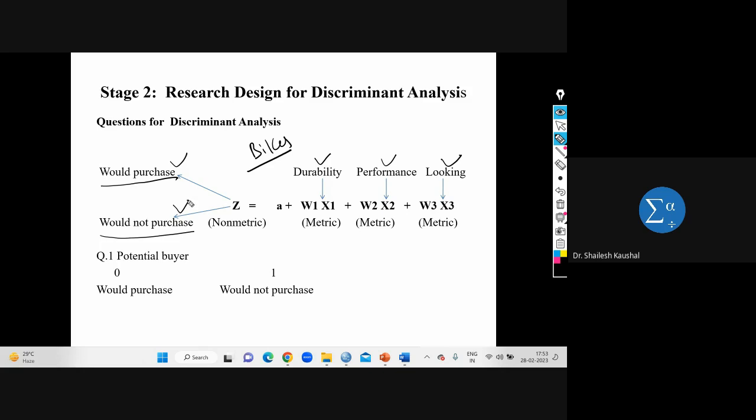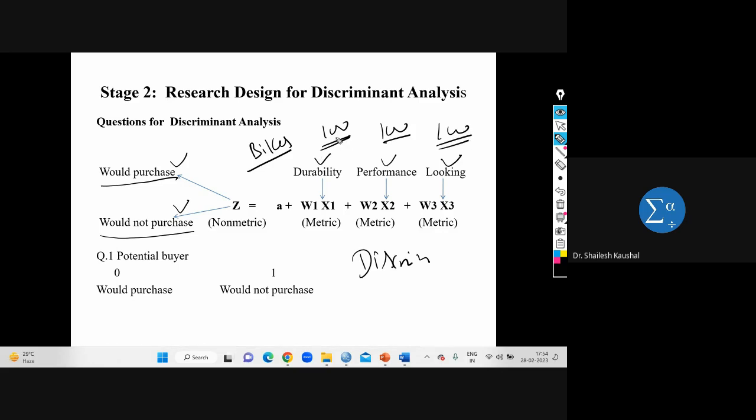So we can classify our buyers into two mutually exclusive categories, and we can predict whether the particular person will buy the product or not on the basis of discriminant score. So when the potential buyer enters the showroom, we give the questionnaire and ask him or her, please fill this questionnaire, give marks of durability out of 100 and marks of performance and looking.